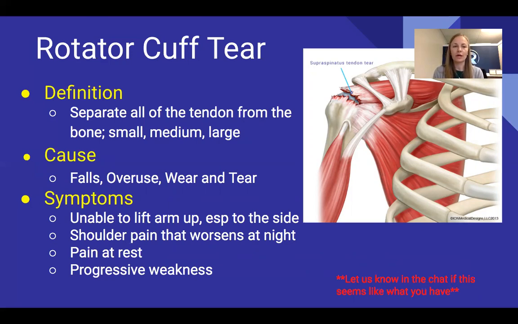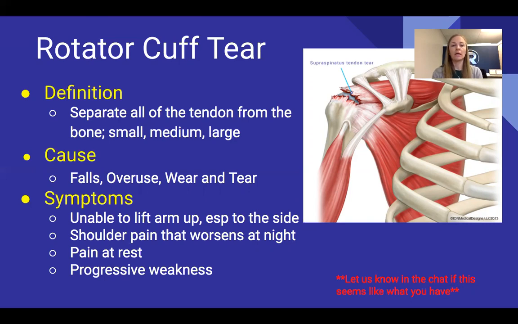A lot of people do just fine recovering from a small to medium tear without surgery. A large tear, or full thickness tear, is when that tendon that attaches your muscle to the bone completely separates from the bone.